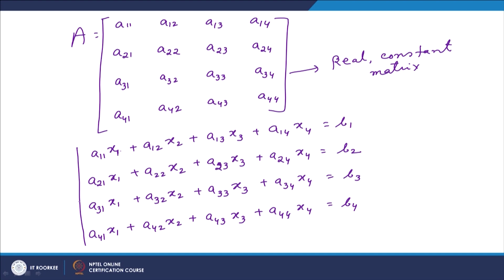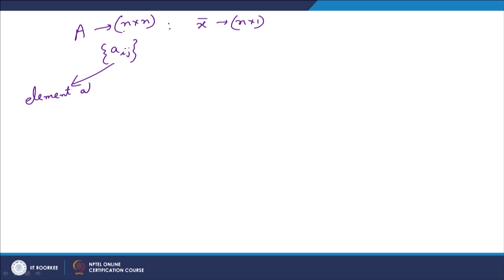Just to generalize this, let us say A is an n cross n matrix and x is an n cross 1 vector, where the elements of A are a_ij, the element at the ith row and jth column.